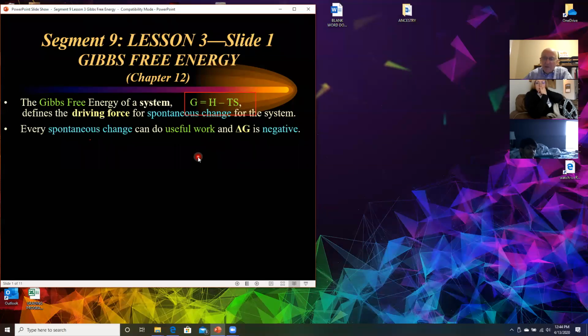Now, what do we mean by useful work? I would think all kinds of work is useful, but it's not. When you carry out a process in a chemical reaction, the volume will change because the identity of the substances change. For example, if we started out with 6 moles of gas at 1 atmosphere pressure as the reactants, and we went to 3 moles of gas in the products, then the volume would decrease.